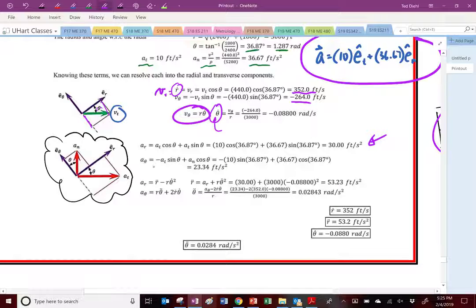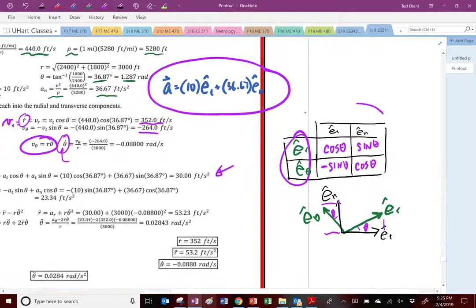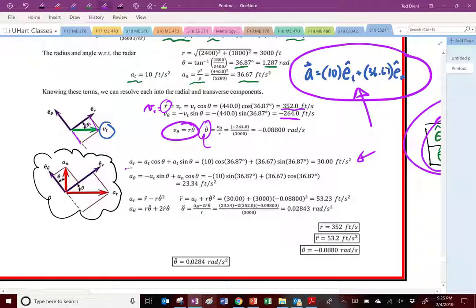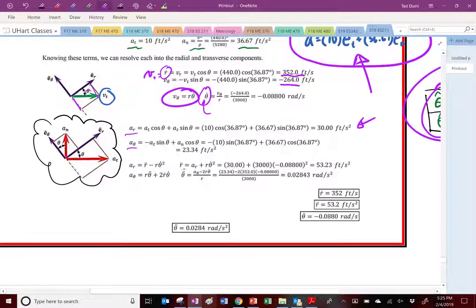We can also look for, by doing a coordinate transformation, if we were to do this process right up here over to this, we would come up with and find what the A_r and A_theta are. All I did over in here in my little thought cloud was break them apart piece by piece. But we could also do the coordinate transformation. And in doing that, we could find r double dot, because it's inside the A_r, since I was able to find the A_r just by checking the coordinate transformation.